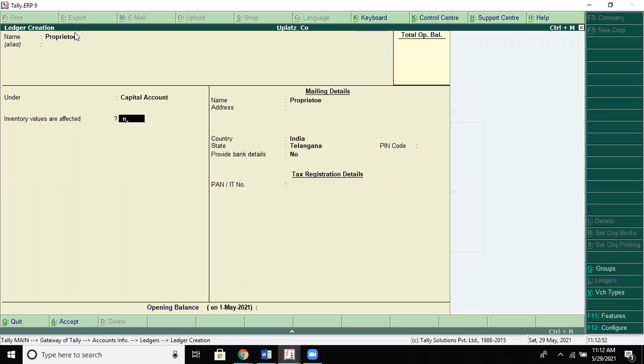So press no. Then the name, the proprietor name. Let's say some XYZ is the proprietor.